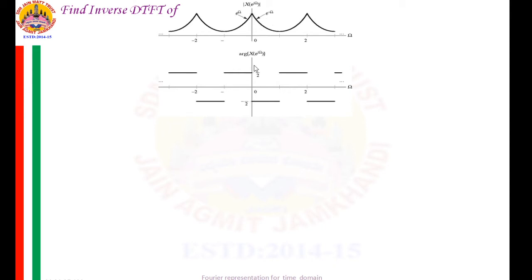and magnitude is this, that is r. We have to write this in r e raised to j theta form, where r is e raised to omega from minus pi to 0 and it is e raised to minus omega from 0 to pi, and the angle theta, in the e raised to j theta form, is plus pi by 2 from minus pi to 0 and is minus pi by 2 from 0 to pi.